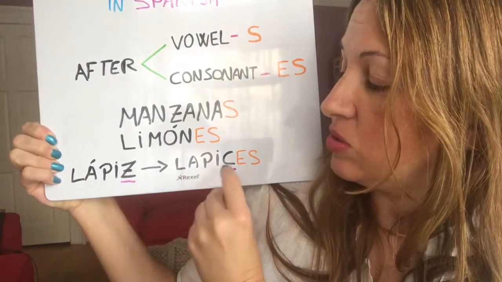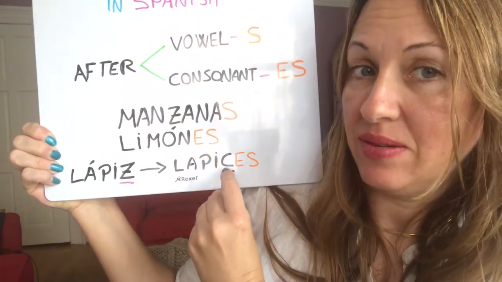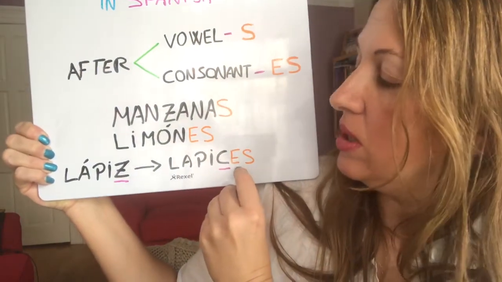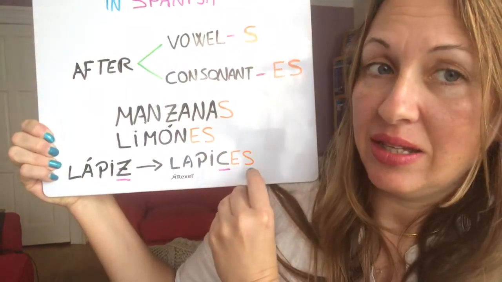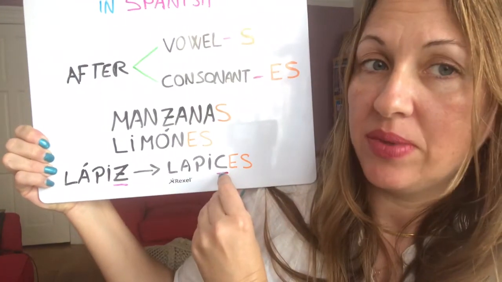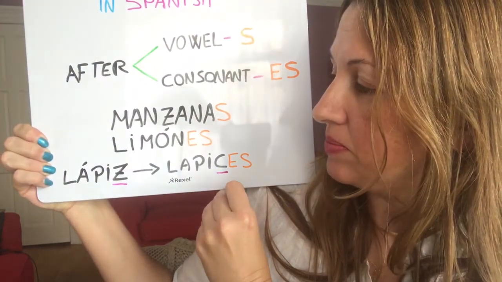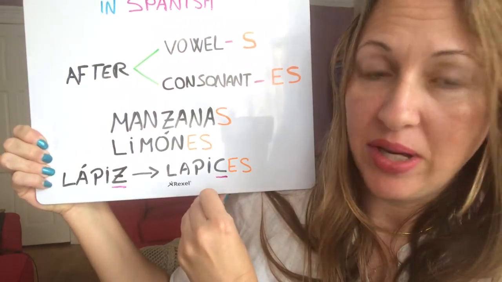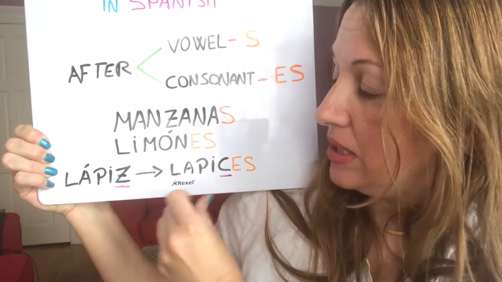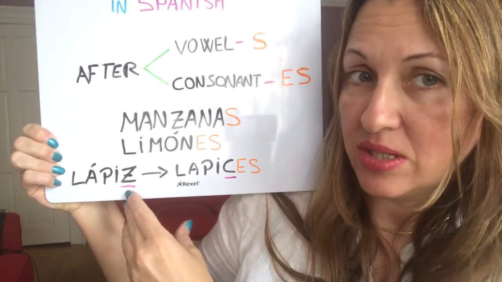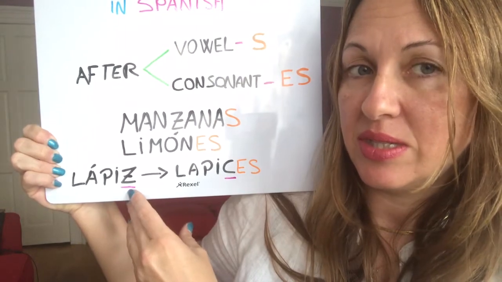The Z has got to change into a C to form the plural, and then also add the ES. Okay, before I say goodbye, just to let you know that that only happens when the word ends on the letter Z.